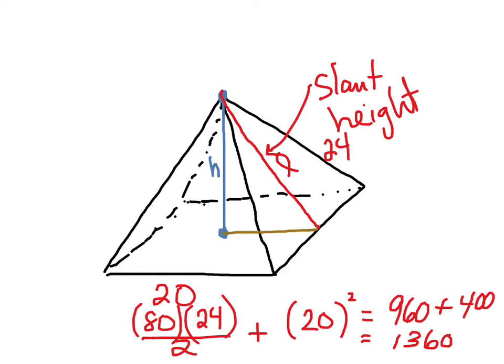Good. Not too bad? Again, it's the perimeter, so the distance around the outside, times the slant height, which again is that distance along the side. Not straight up and down, and not on the edge. If you notice, it's not part of the edge, it's straight down the side.